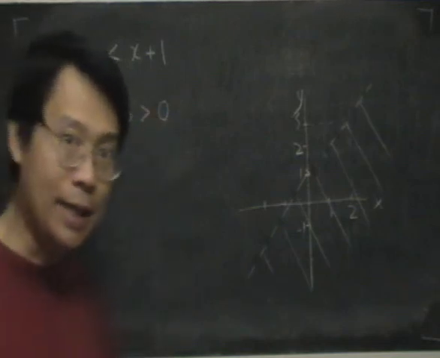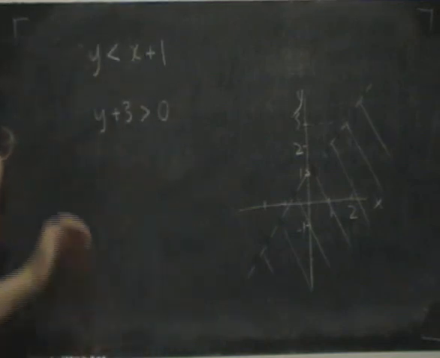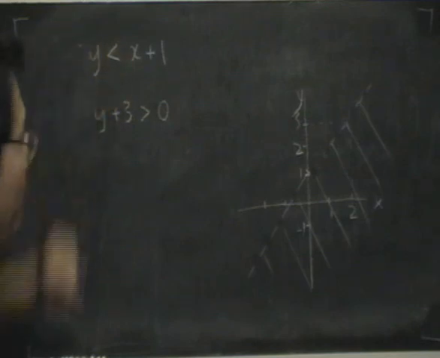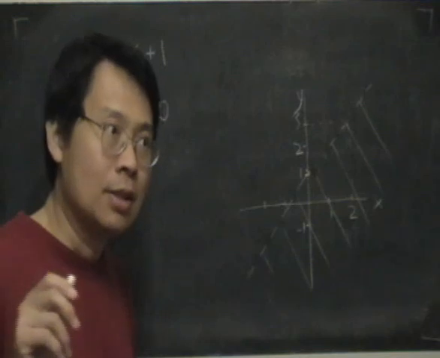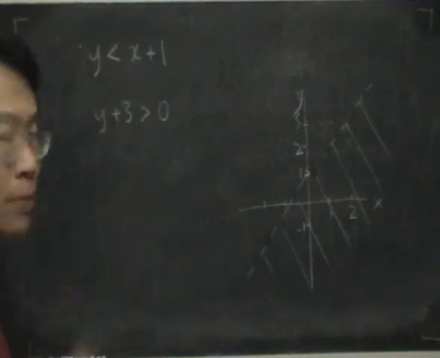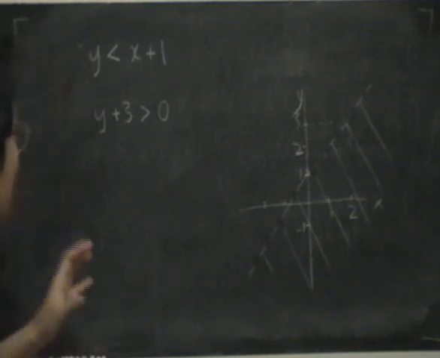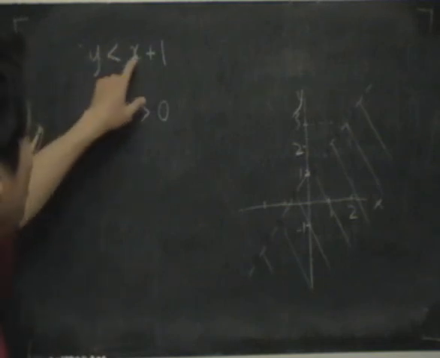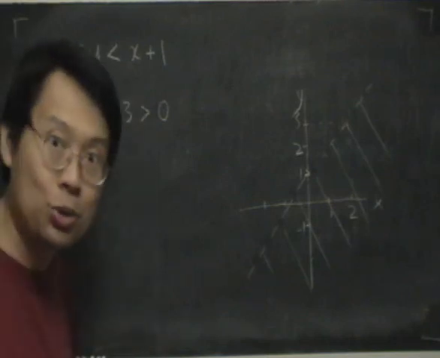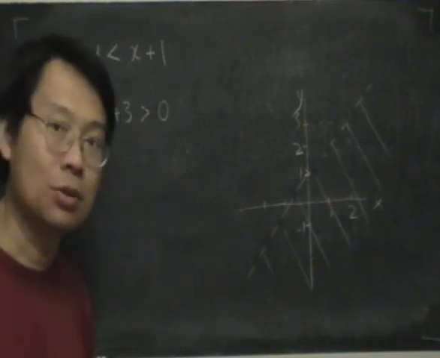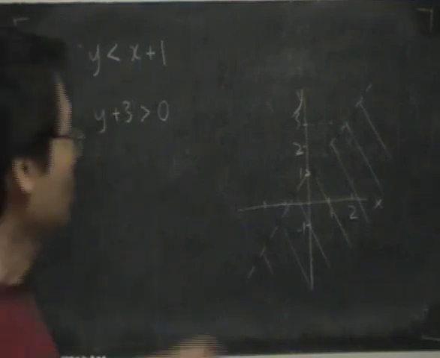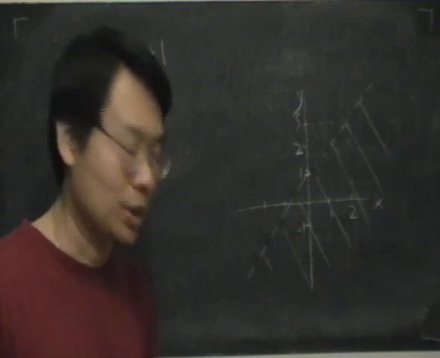But what if I say that in this question, x and y have to satisfy both inequalities? In other words, y must be less than x plus 1 and y plus 3 must also be more than 0. But then I have no choice but to make use of the graph to represent the answer.